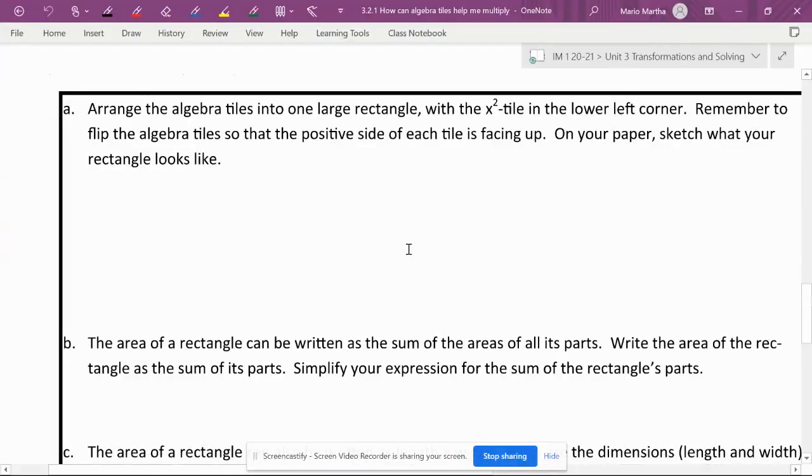All right. So we have the X squared here, and then the 2X right here. And then we had the 4X over here. Okay.